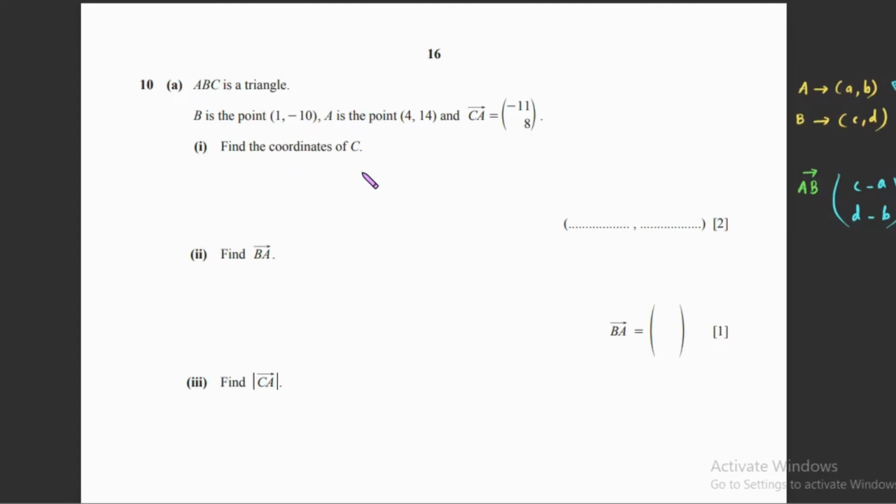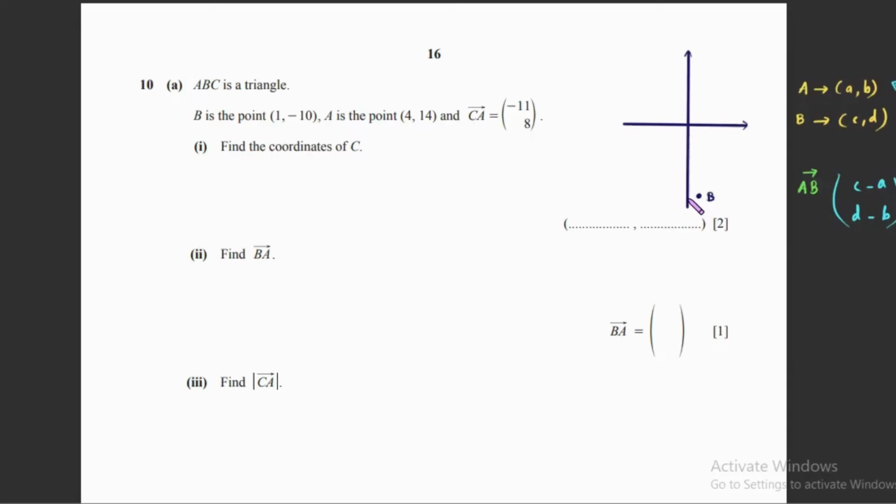To do this question, I'm going to draw a small sketch on the side, because when we draw that, it makes it easier for us to understand what's really happening. In this sketch I'm going to mark the information that is mentioned in the question. So point B has a coordinate of 1 and negative 10, maybe it's going to be somewhere over here.